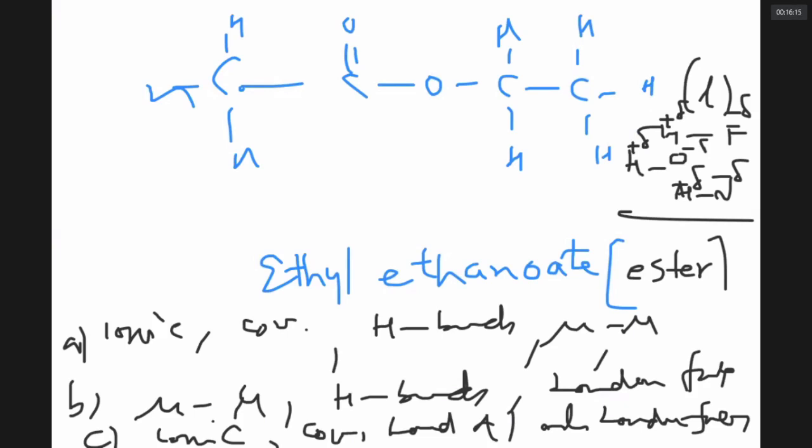If it is not there, then the H plus delta charge is not enough to be called a hydrogen bond. Hydrogen bond is a kind of attraction between partially positively charged hydrogen of one molecule to partially negatively charged atom of fluorine or oxygen or nitrogen of another molecule.